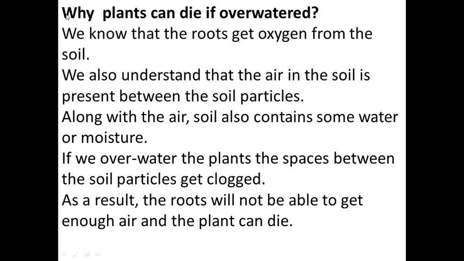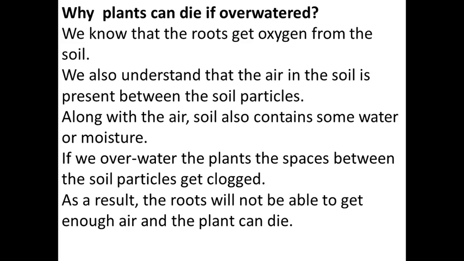Already I have discussed why plants can die if overwatered. We know that the roots get oxygen from the soil. We also understand that the air in the soil is present between the soil particles. Along with the air, soil also contains some water or moisture. See, these 3 to 4 points you can convert into one point. What? The roots get oxygen from the soil.